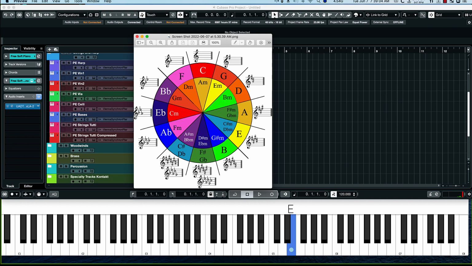And again, the minor scale has the pattern tone, semitone, tone, tone, semitone, tone, tone. So there's your E minor scale.